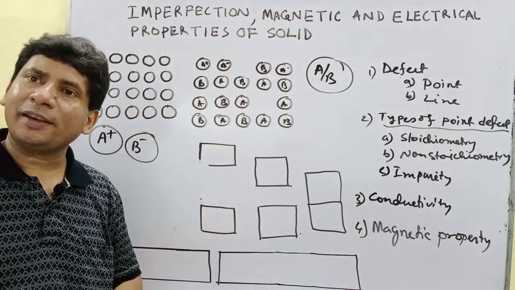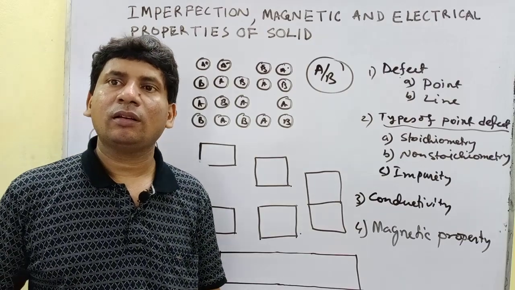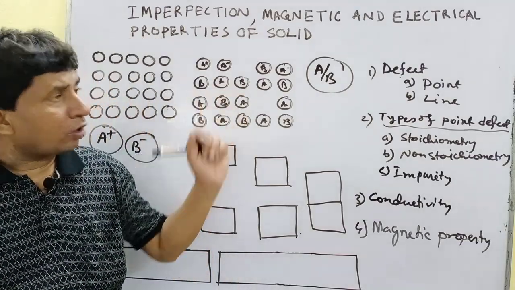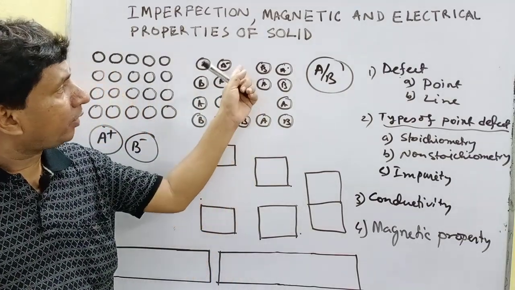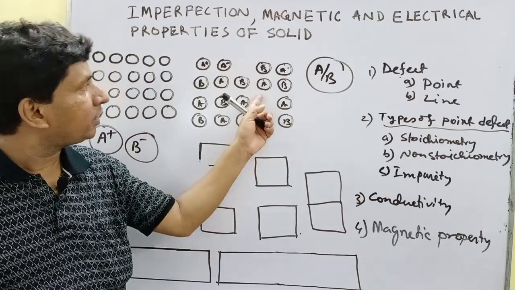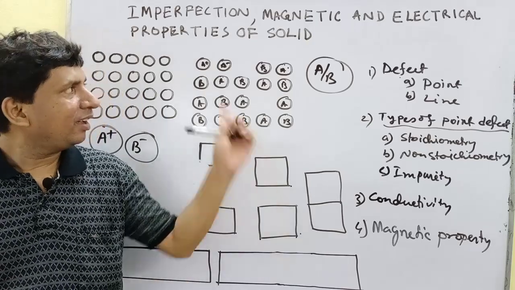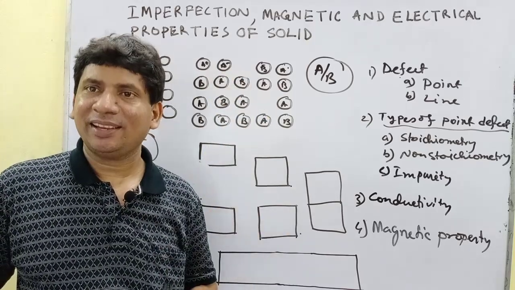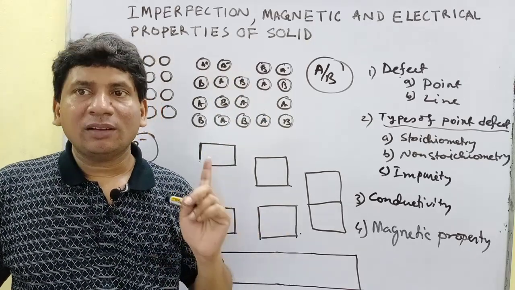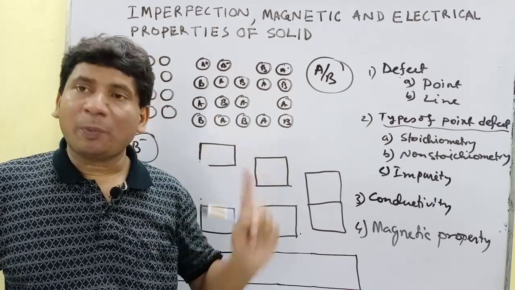And what is the property of the Schottky defect? Since cation and anion both are missing, there is an empty space, so the density of the solid decreases.